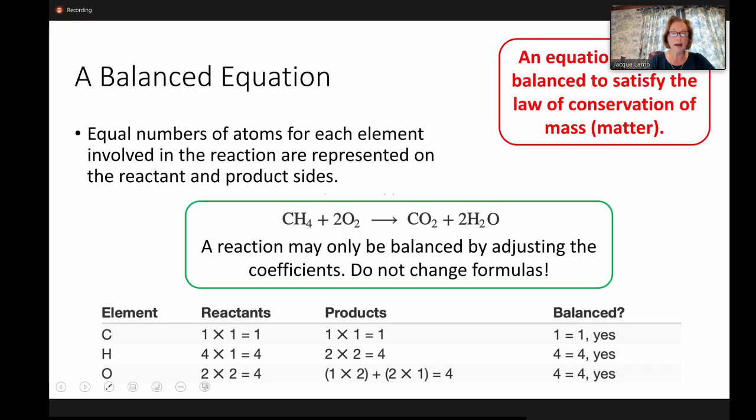So if we have 1 carbon on this side of the equation, we need to have 1 carbon on the other side. If we have 4 atoms of hydrogen, we need to have 4 atoms of hydrogen on the other side. So that is simply to balance for the law of conservation of matter.